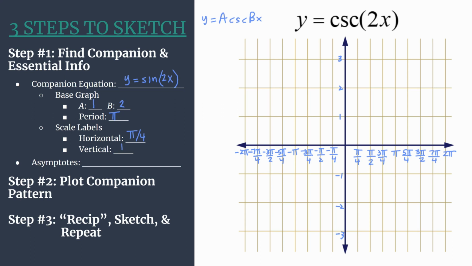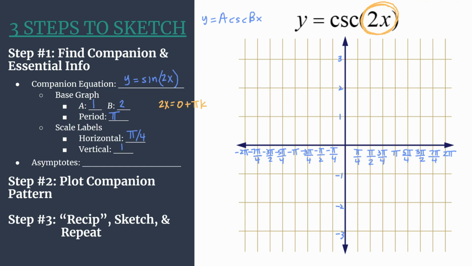A quick, easy way to do this, and I will post videos that go into a lot more detail on this topic, is to take the inputs of your cosecant function, so 2x, I'll do a little scratch work up here. Take your inputs and set them equal to where sine x has its original zeros. That's at 0 plus pi k, and k is just an integer here. We'll talk a little bit more about that in a moment.